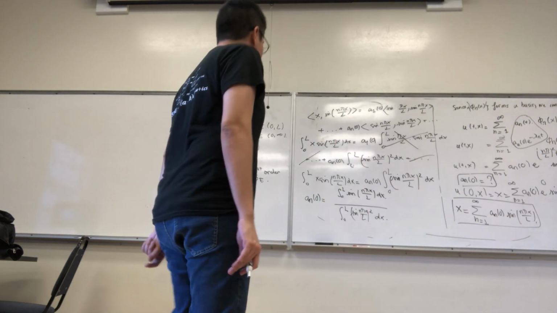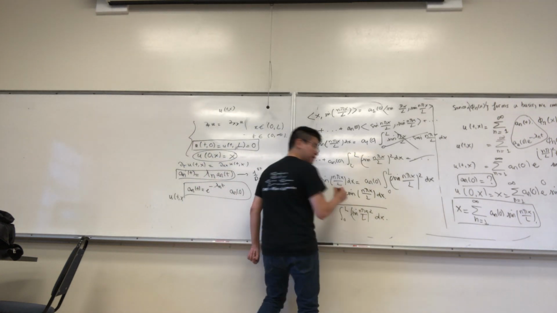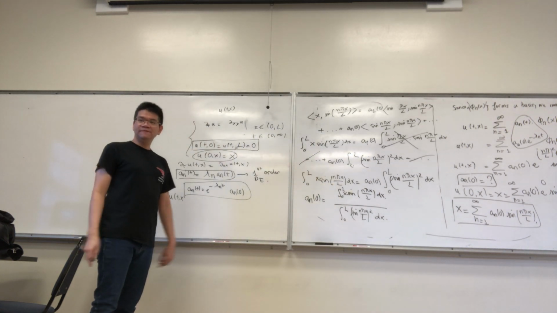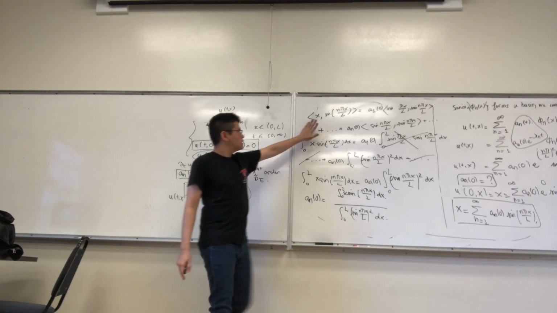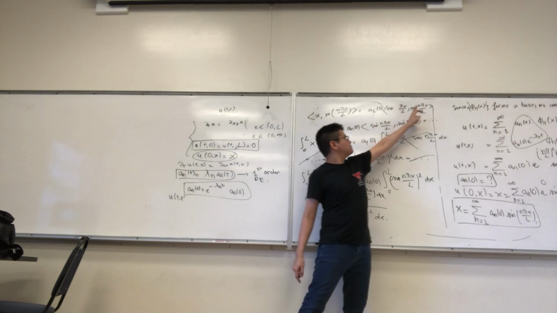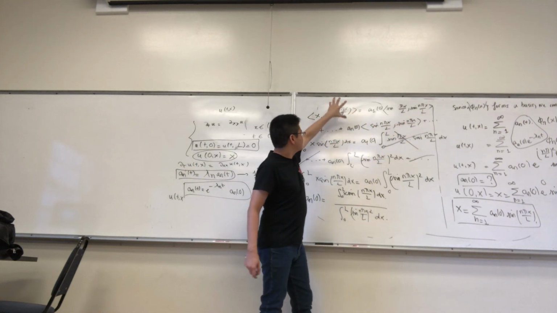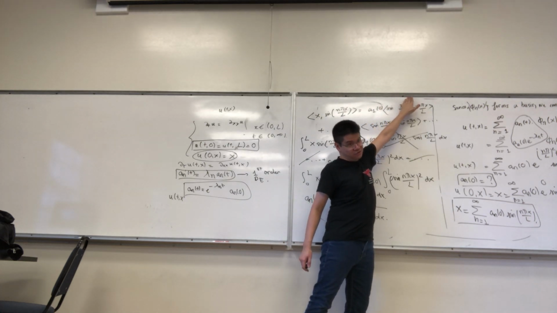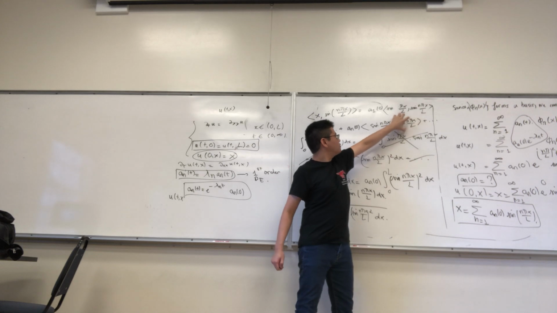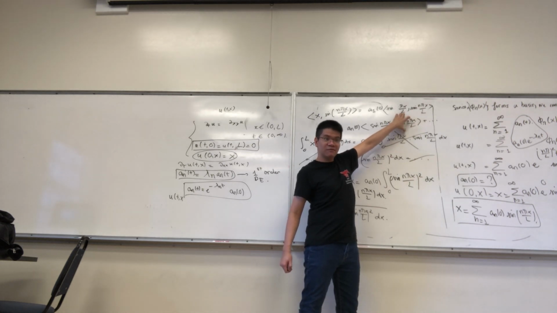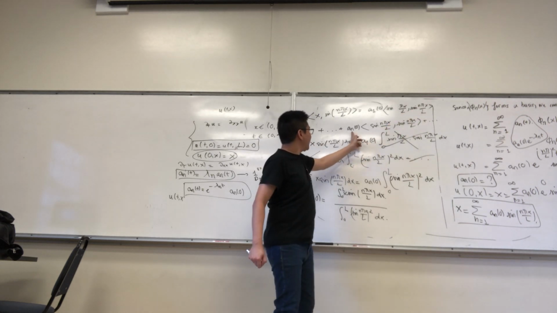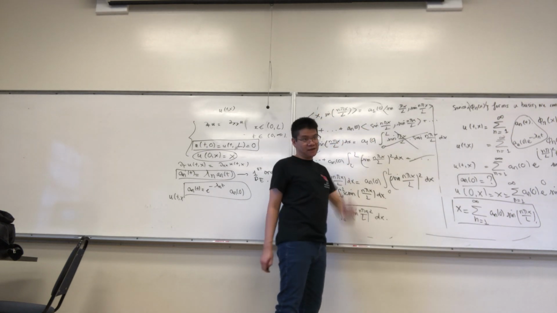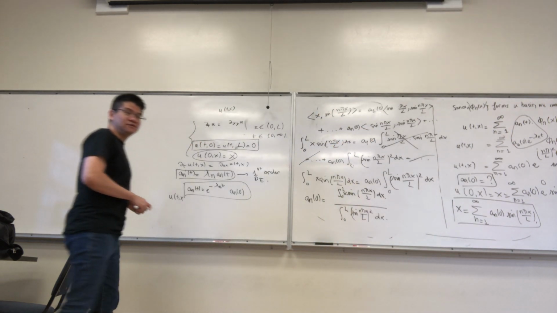When you take the inner product of sin(n pi x over L) with everything, the other terms drop because they are orthogonal. The only thing left is this guy, which means that a_n will be this guy divided by this guy. Questions?